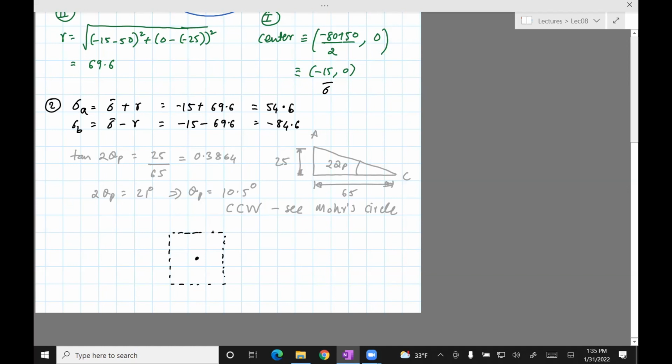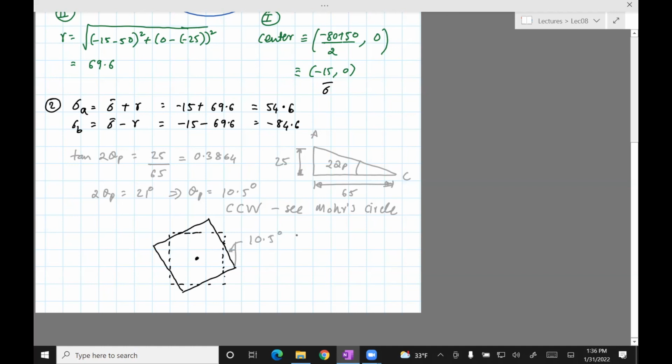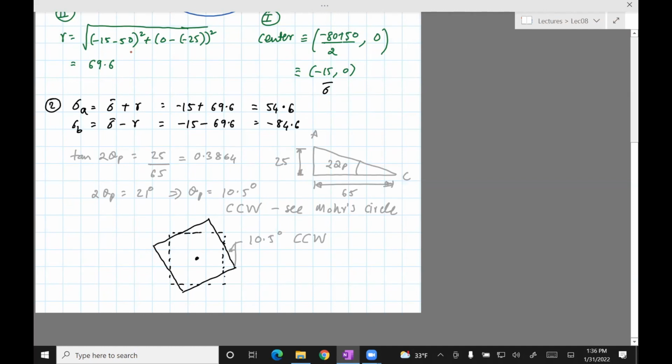So it will look something like this, where this angle is 10.5 degrees counterclockwise. Okay, but we're not done yet.